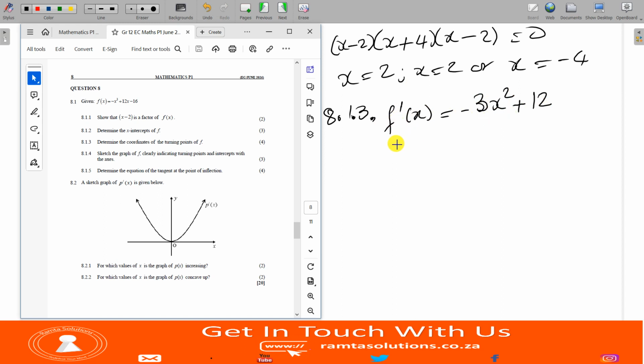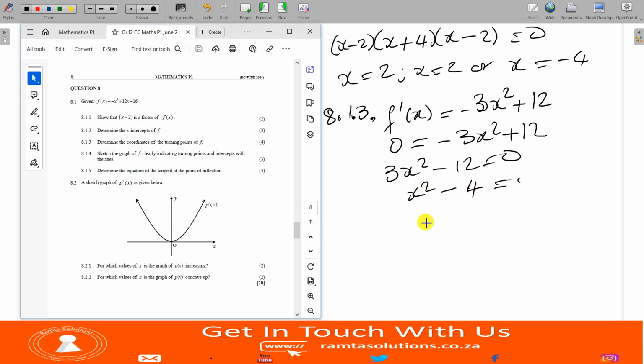Now we need to equate the first derivative to 0. 0 equals negative 3x squared plus 12. This is similar to saying 3x squared minus 12 equals 0. So x squared minus 4 equals 0. We can therefore say we have x minus 2 and x plus 2 equals 0.